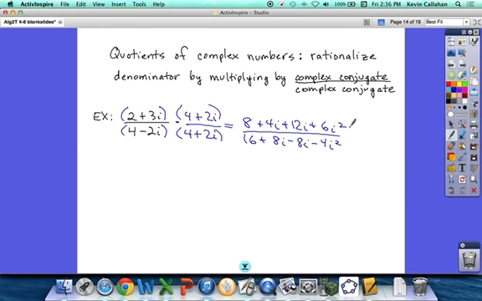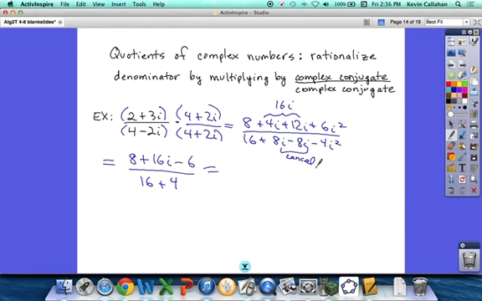So let's see. In the numerator, we can do some simplifying. This will be 8 plus 16i minus 6. In the denominator, it will be 16 plus 4. I added these two to get 16i. These cancel.